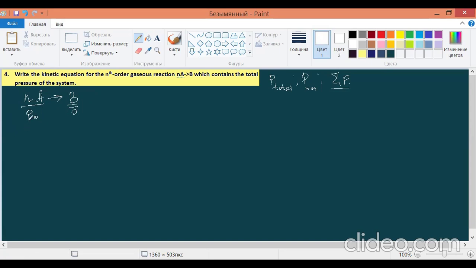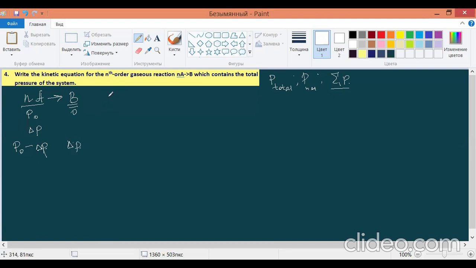Now, as the reaction goes on, the pressure of the component A drops by delta P, because some moles of A are transformed into B, and we finally get P sub 0 minus delta P, which is the pressure of the component A. And the pressure of component B is equal to delta P.